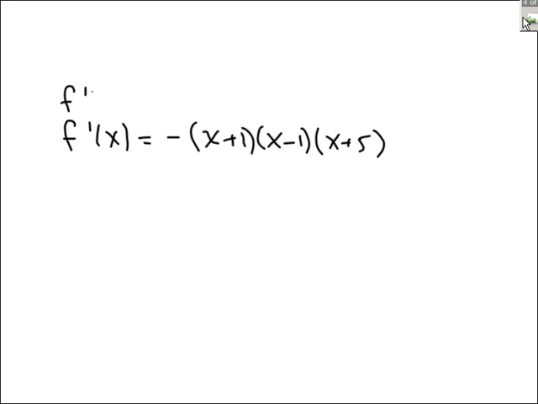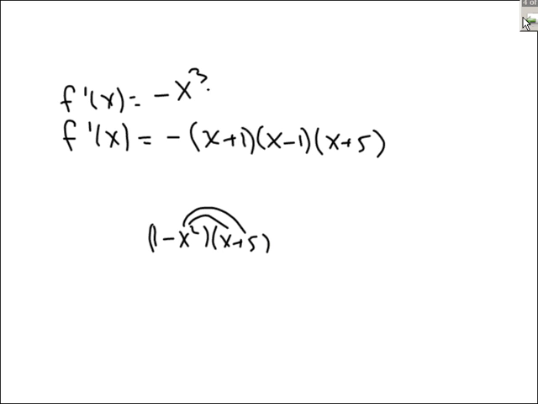The derivative was 1 minus x squared times x plus 5. The first derivative was negative x cubed minus 5x squared plus x plus 5. That was the first derivative.